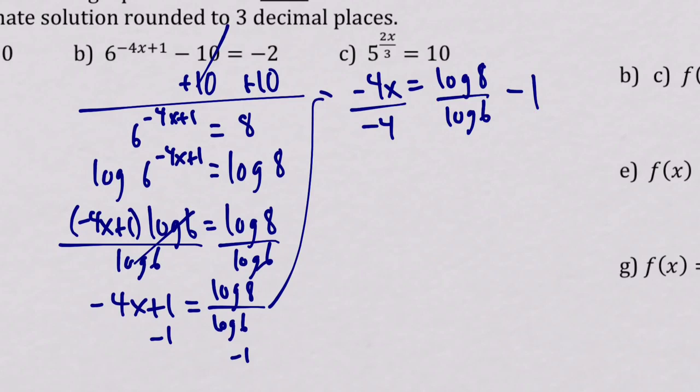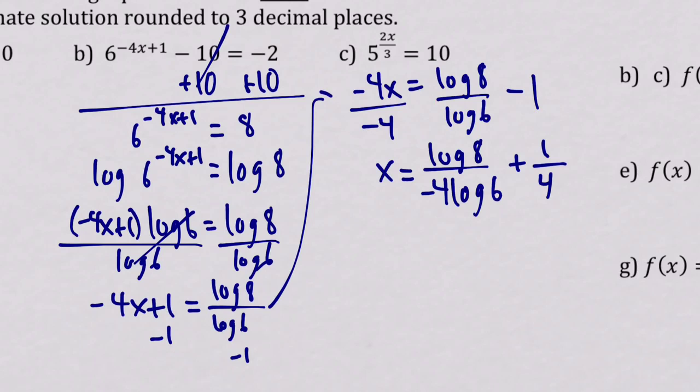So x equals log of 8 over negative 4 log of 6 plus 1/4, right? Because it's negative 1 divided by negative 4, positive 1/4. There is your exact answer.